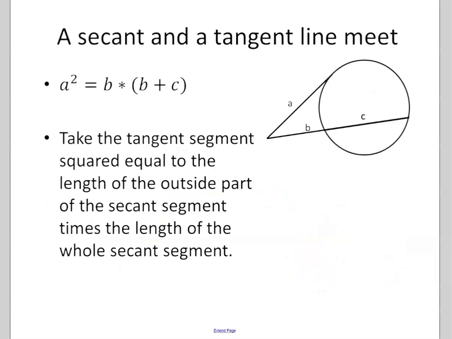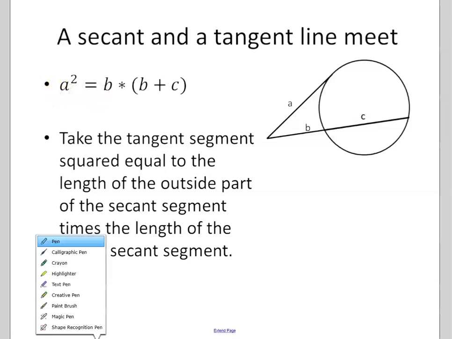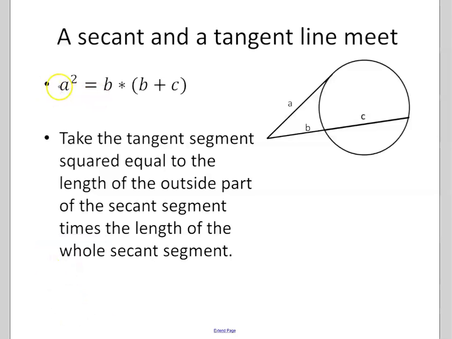If it's this one, here's the formula you're going to be using. And what this formula says is that this tangent, this part that's just on the outside that doesn't actually go into the circle, that length squared is equal to this outside part times the whole thing.